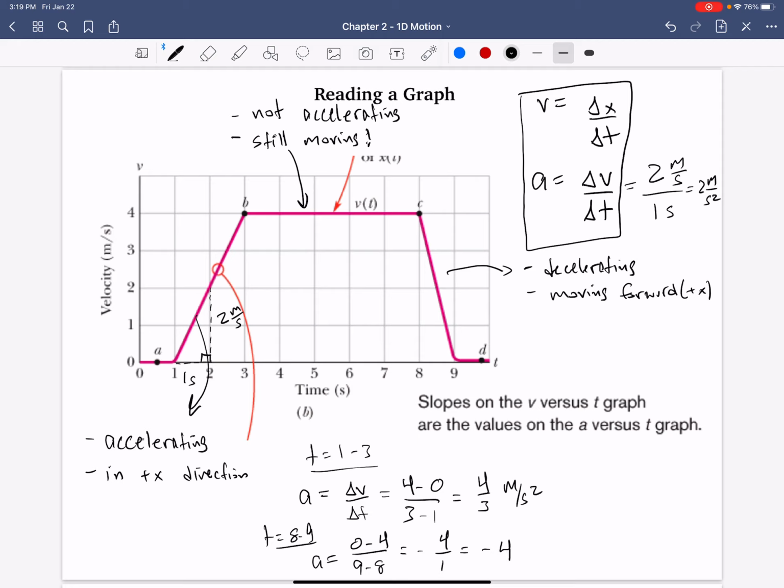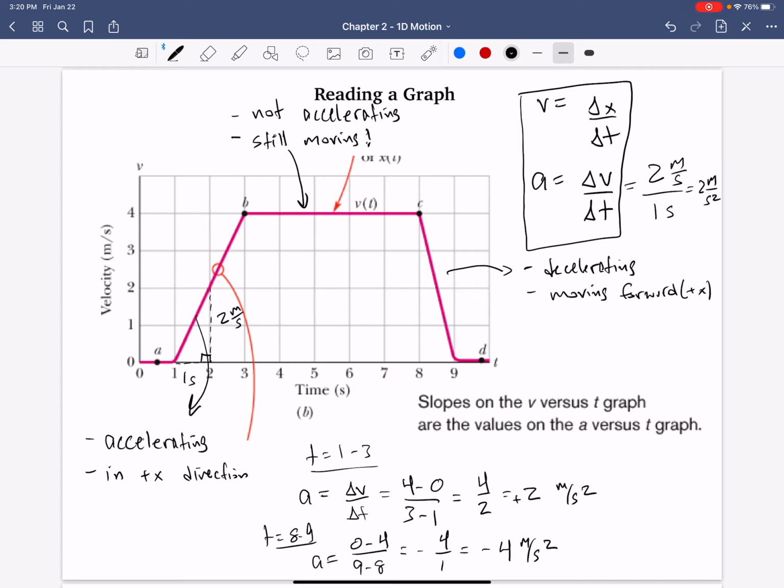We have negative 4 meters per second squared. Did that right? 4 minus 0, 3 minus 1. 3 minus 1 is not 3, that is 2. I apologize. If you were just yelling at your computer screen, I'm sorry. 3 minus 1 is definitely 2. I can math, I promise. There we go.